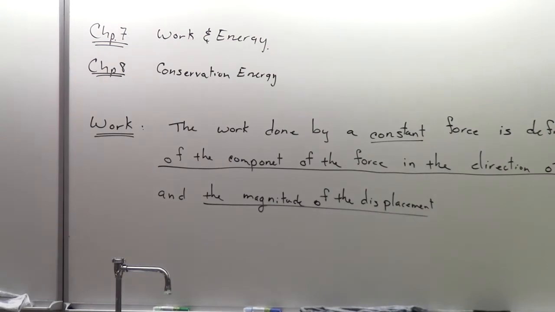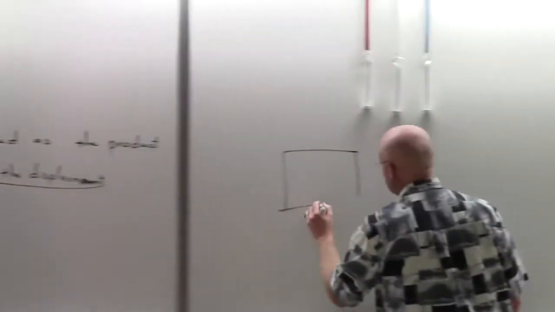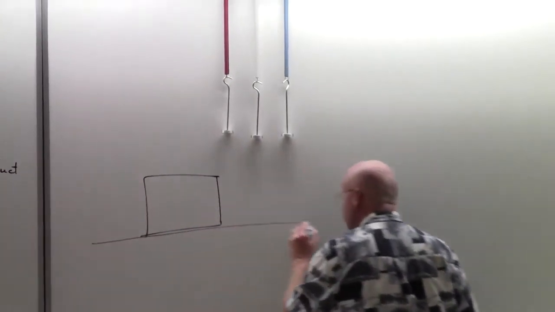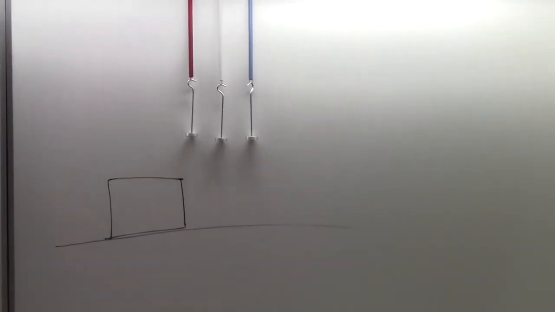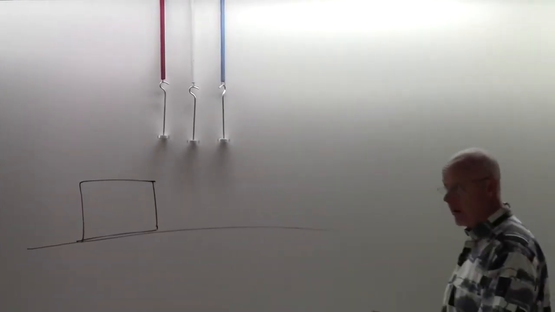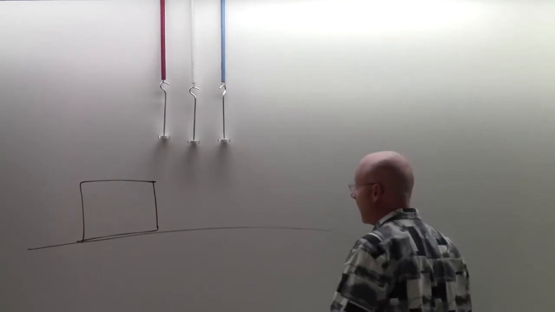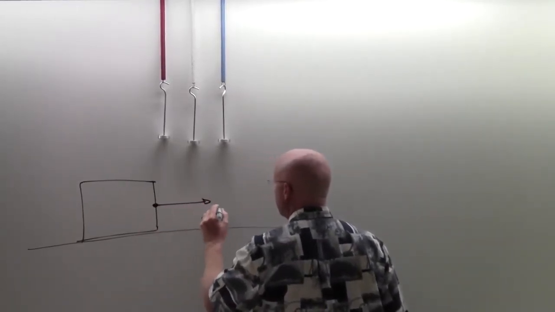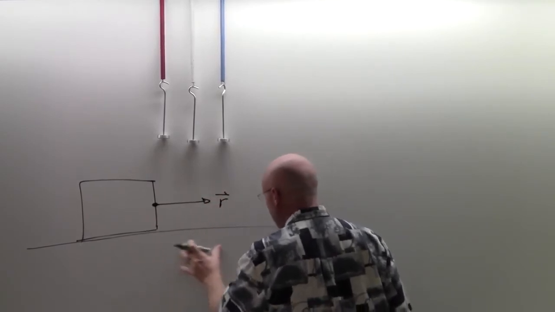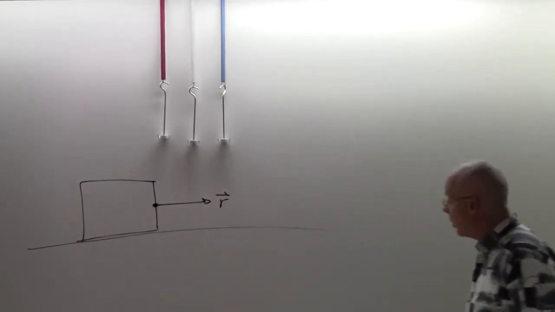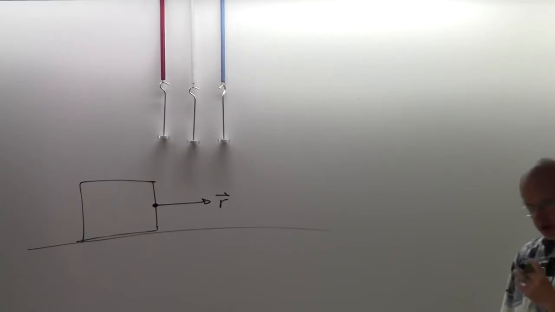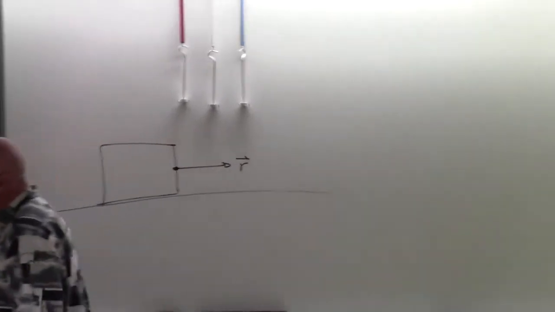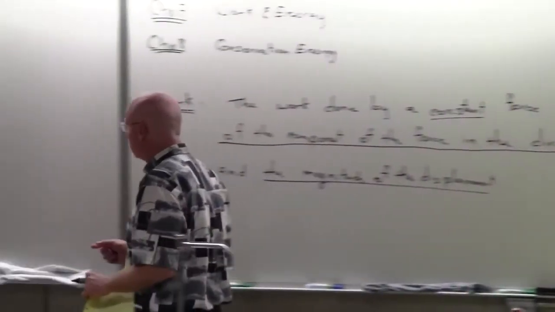And again, a lot of you are shaking your heads, and good, because that's no doubt what you saw in Physics 102, something along these lines. That if I were to take, say, a box here, and the box then slides along the surface, the displacement vector, I'll use the R, is along a horizontal line.